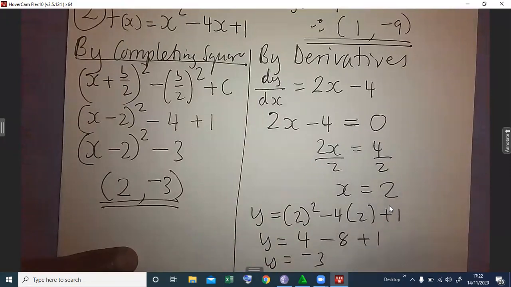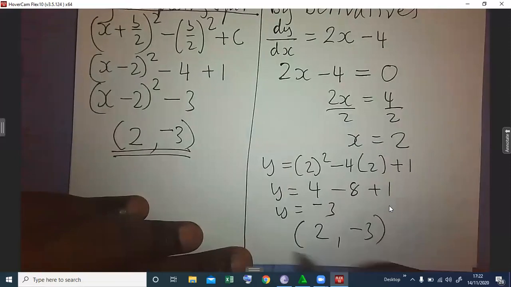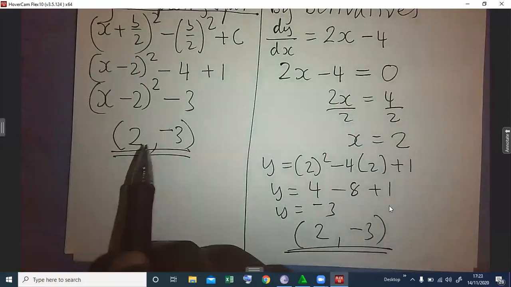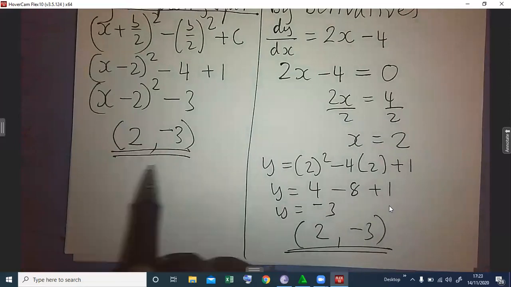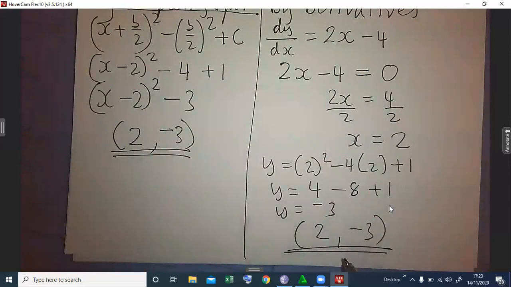So if my y is minus 3, I can write my turning point now. x is 2 and y is minus 3. And finally, you will realize the turning point which I got using completing the square is exactly the same as the turning point using derivatives.